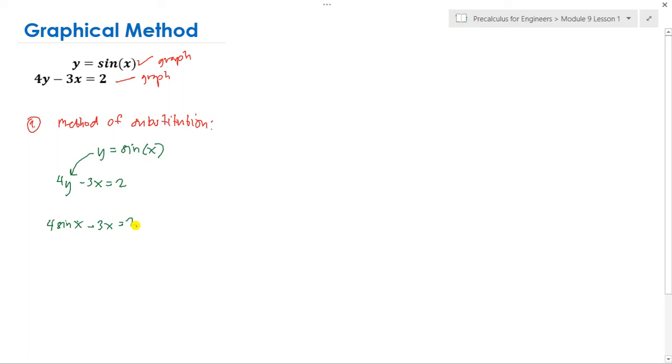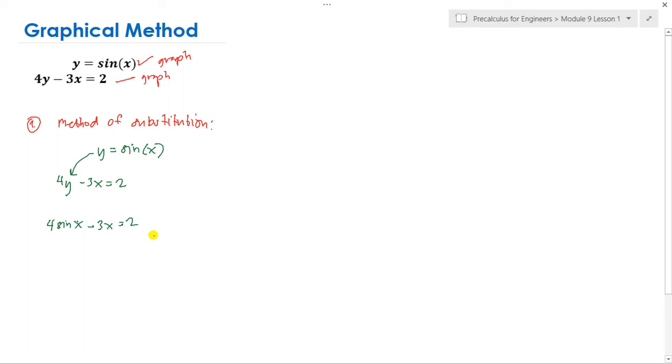Here it would be very hard for us to combine the sine of the angle x with the polynomial negative 3x. So since this is very hard, we can just graph this.